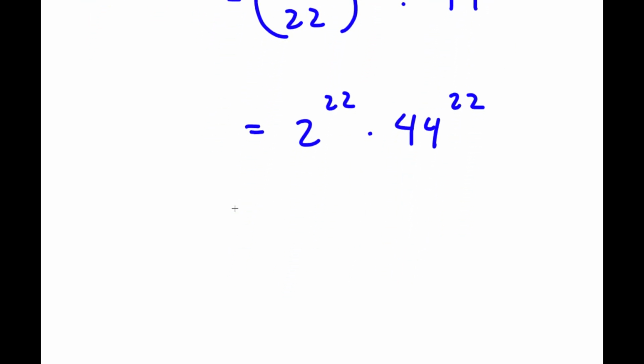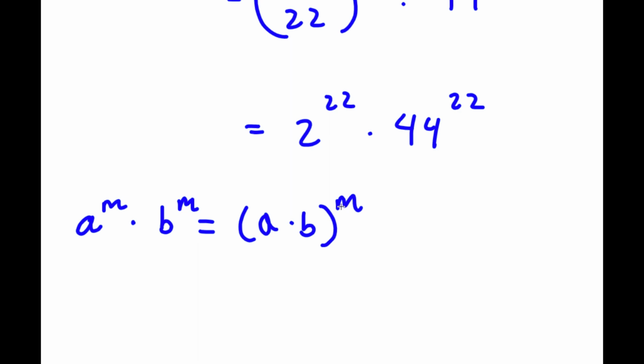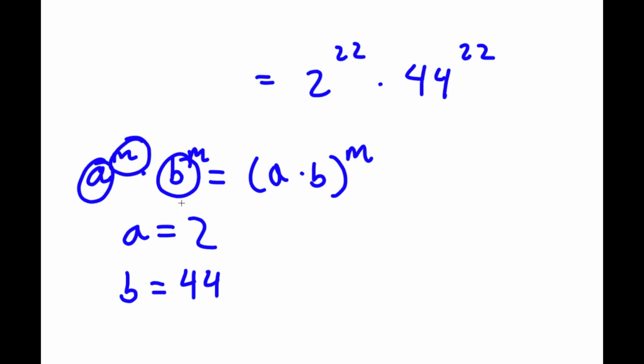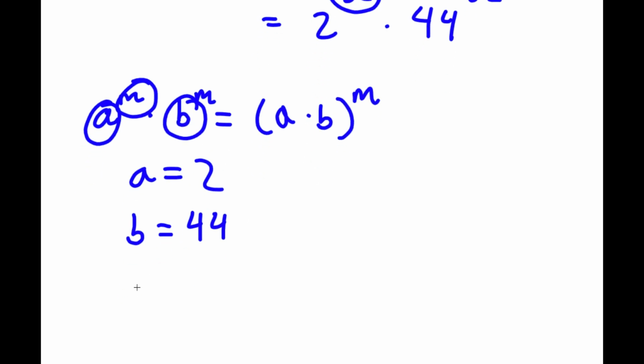Now, if I have something in the form a to the power of m times b to the power of m, this is simply equal to a times b to the power of m. So in this case, we have 2 to the power of 22 times 44 to the power of 22. And we can think of a here as 2, b as 44, and m as 22.